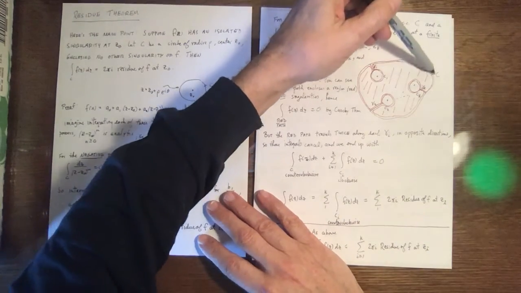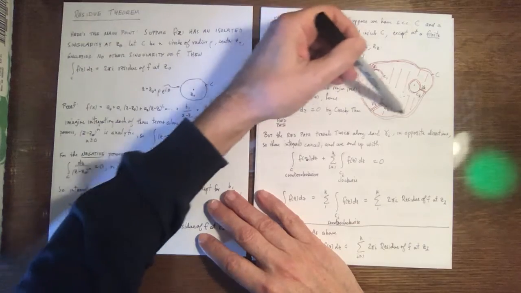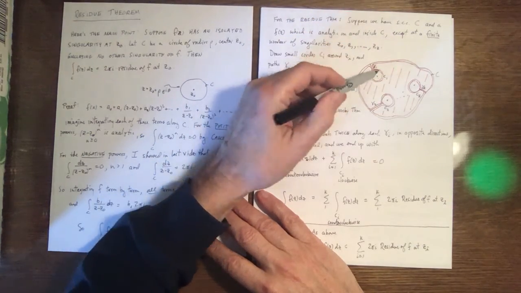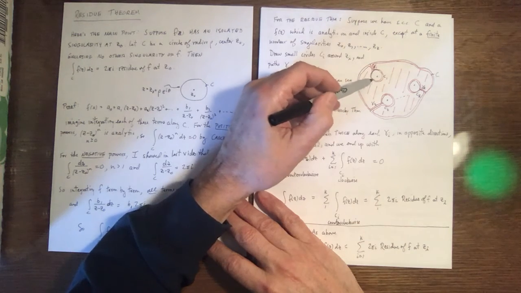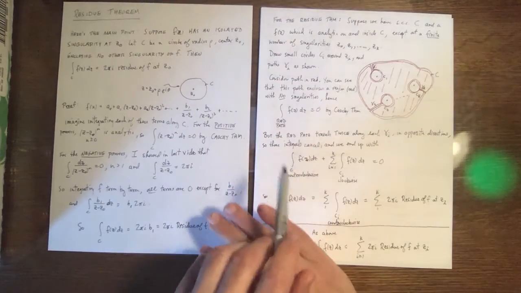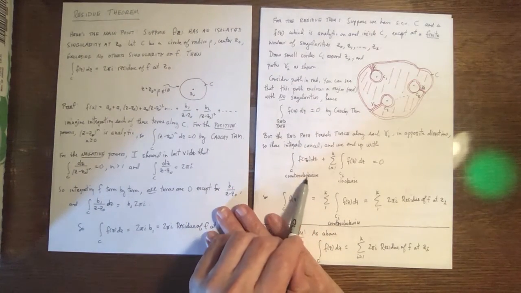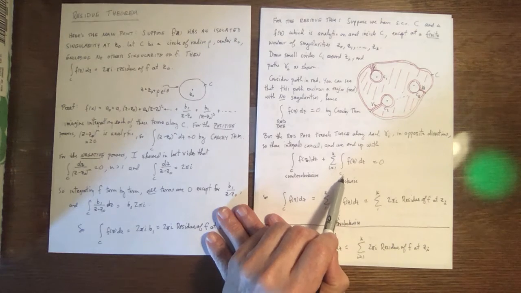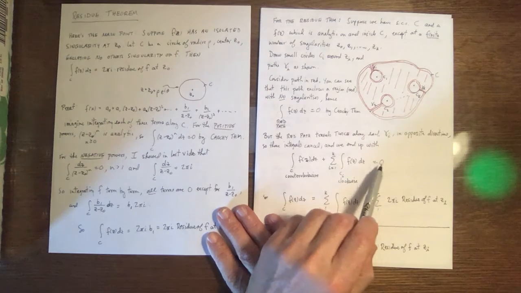Then you're left with the integral along C and the integral around every one of these little circles. But those are taken clockwise, whereas going around C is counterclockwise. So you end up with the integral around C counterclockwise plus the integrals around the little circles clockwise, and that will be 0.